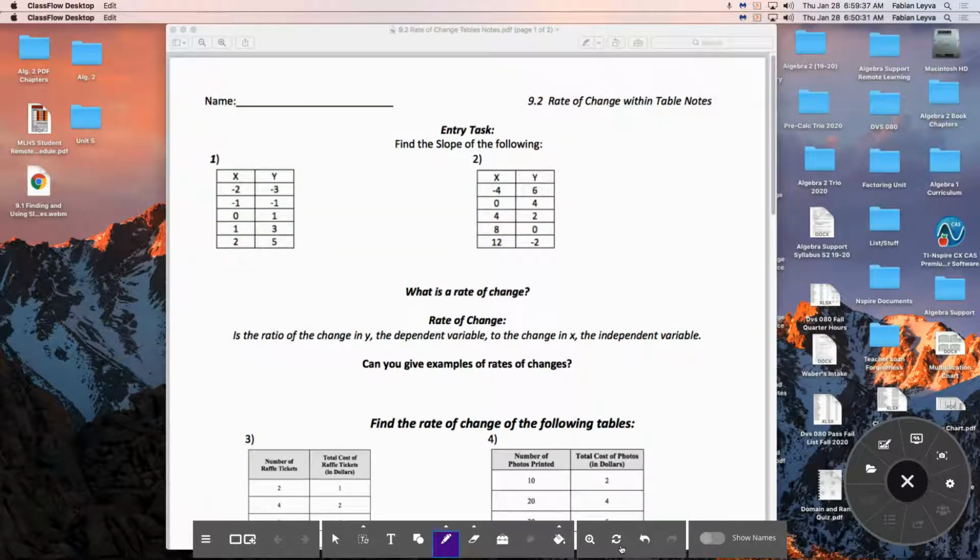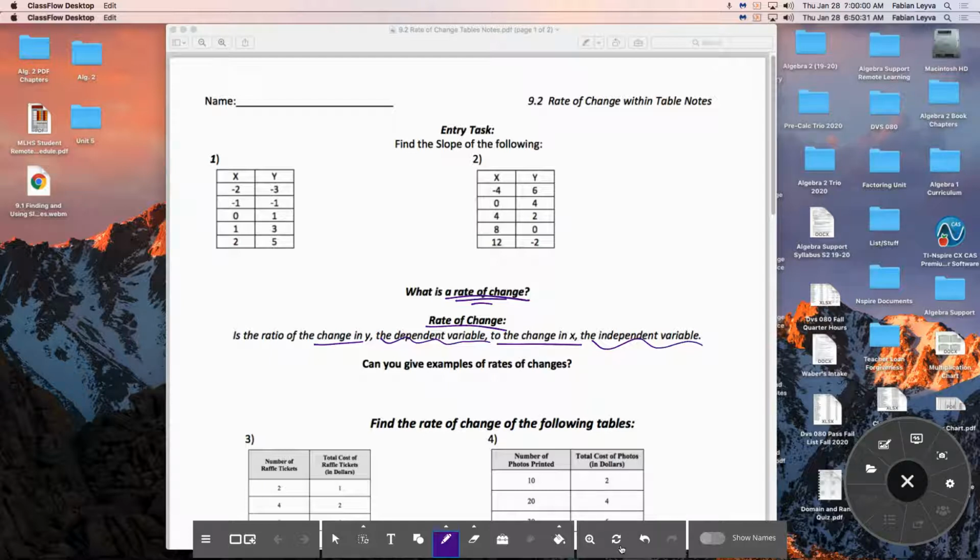Now, before we pull all this stuff together, we need to know what rate of change is. Now, rate of change is a very simple subject. You technically have been doing this this whole unit. A rate of change is the ratio in the change of y, which is known as the dependent variable, to the change of x, known as the independent variable.